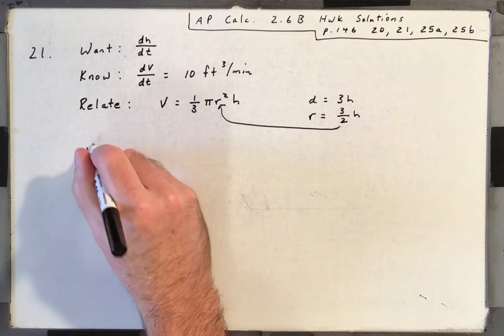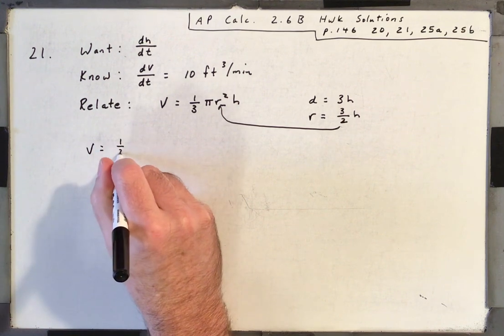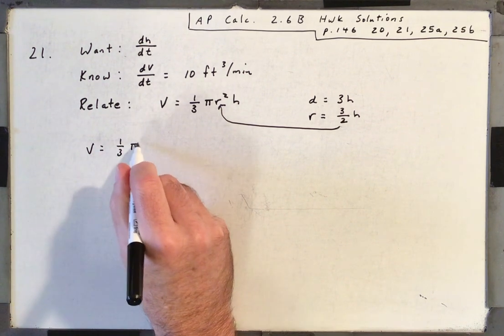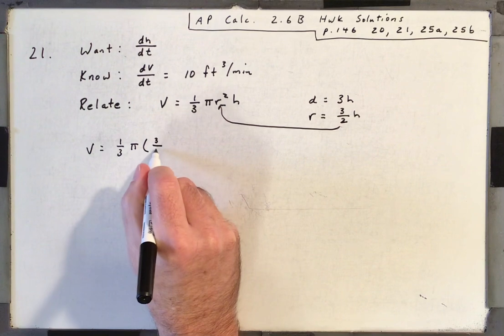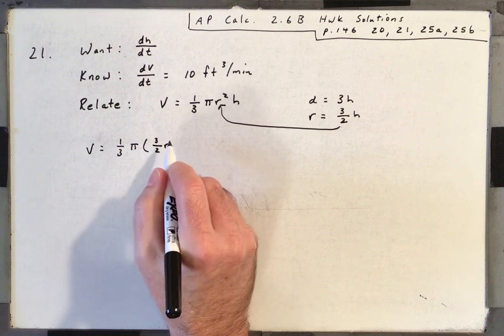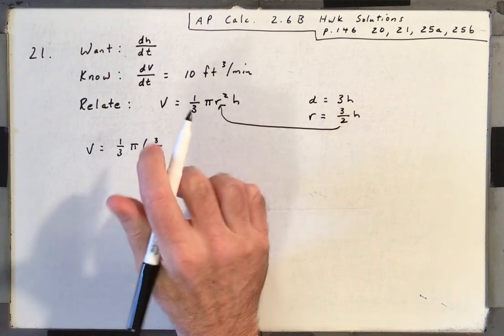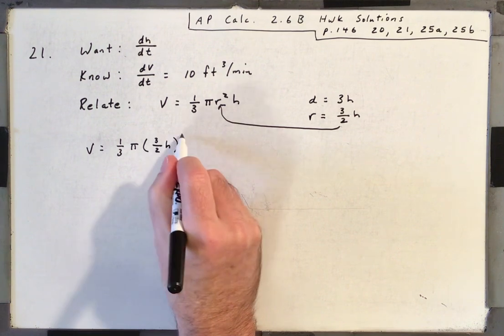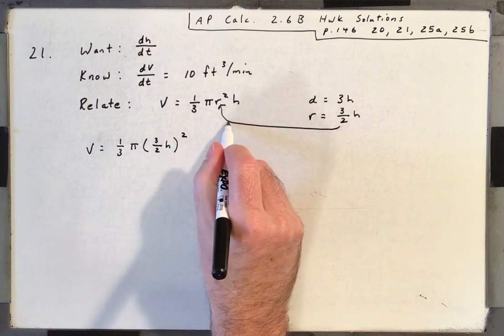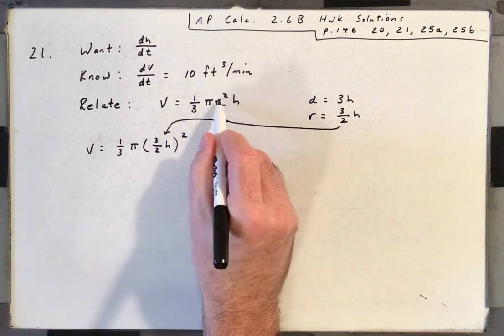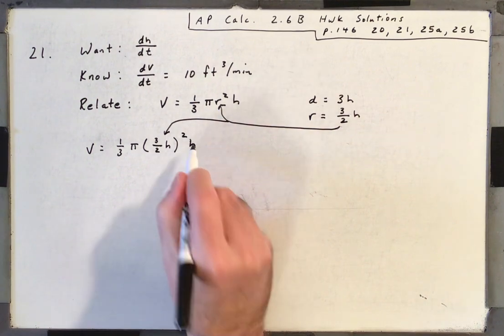So I have volume is equal to 1/3 pi. We're going to substitute in 3/2 h, but we've got to square it, right? Because r is squared, times h.